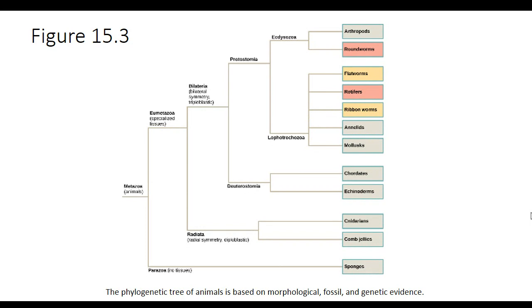cnidarians and comb jellies. So these are like jellyfishes, sea anemones. Chordates, that's us. These are the vertebrates, animals with backbones: mammals, birds, reptiles, amphibians, and fishes. And the echinoderms, the starfishes, sea cucumbers, sand dollars are in this group.